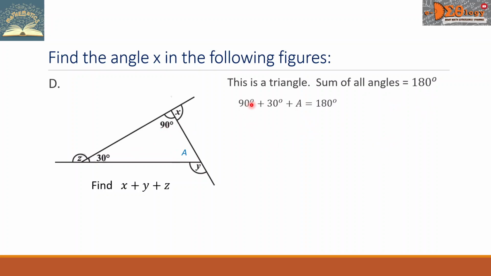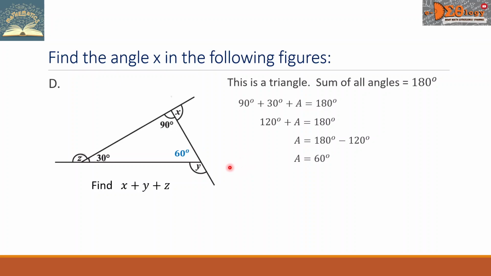So we write 90 degrees plus 30 degrees plus this angle A equals 180 degrees. 90 degrees plus 30 degrees is 120 degrees plus A equals 180 degrees. We transpose 120 degrees to the right side. So A equals 180 degrees minus 120 degrees. And the difference is 60 degrees. For this angle A, we can substitute now the value 60 degrees.